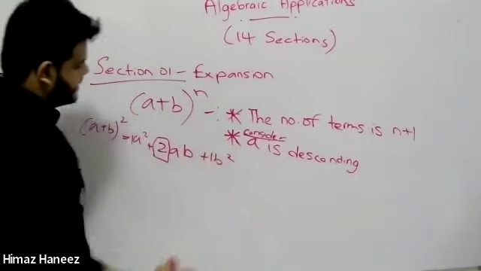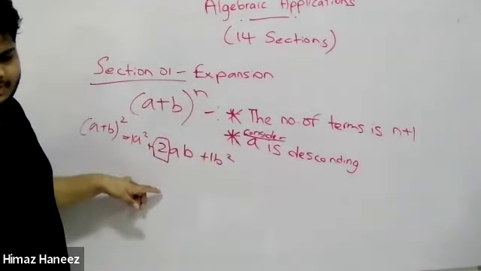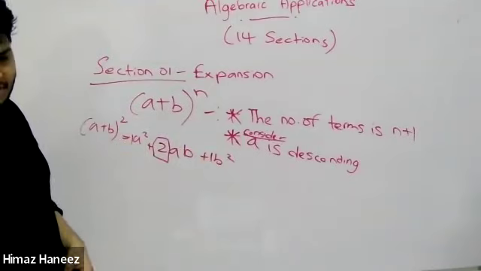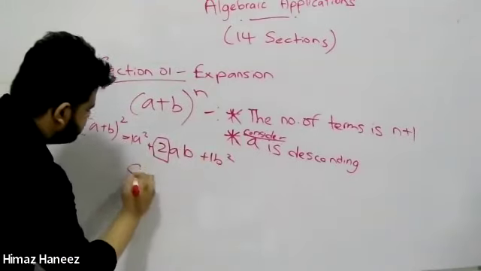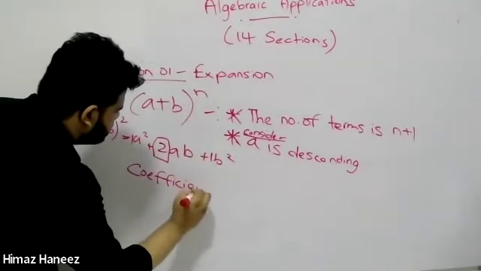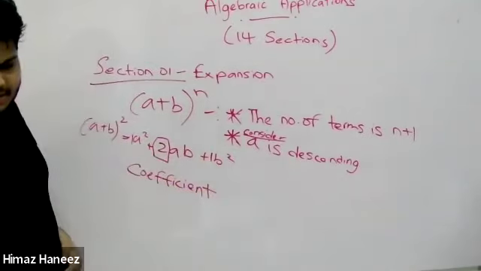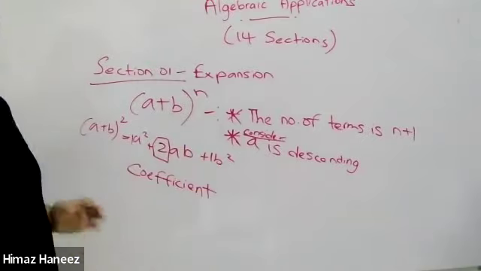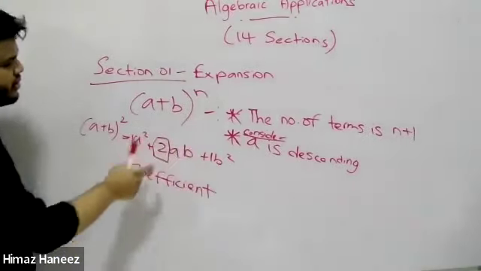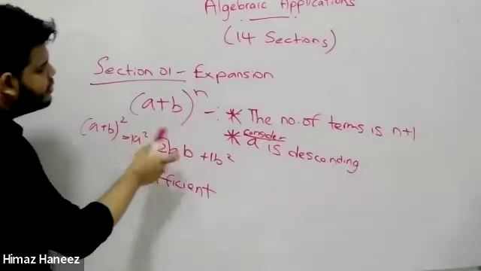Here also you have 1. So this number we specifically call a coefficient. In the exam they will use the word coefficient a lot of times. So the constant number before the term is called the coefficient.